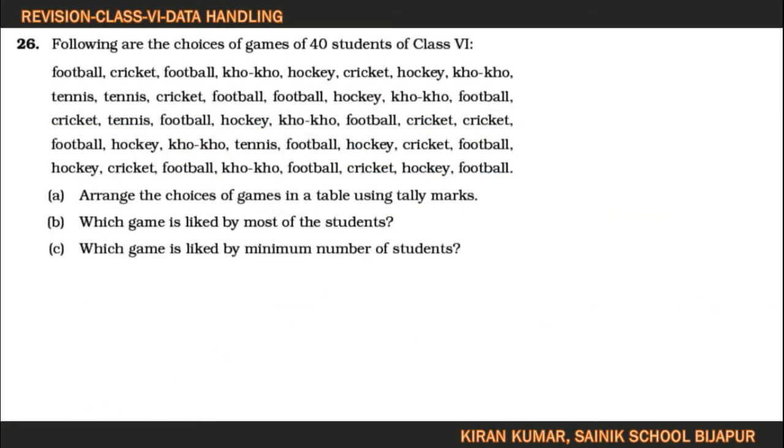Question number 26. The following are the choices of games of 40 students of class 6th. Arrange these choices of games using tally marks. Which game is liked by most of the students? Which game is liked by the minimum number of students?